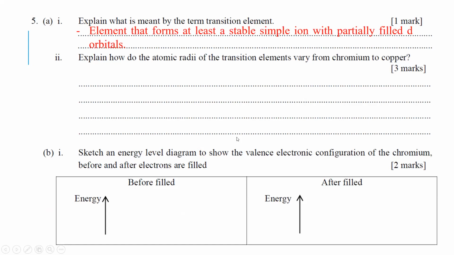Transition elements are elements that can form 2 or more stable ions with partial filled d orbitals, or with incomplete filled d orbitals. It's better to use the word incomplete.